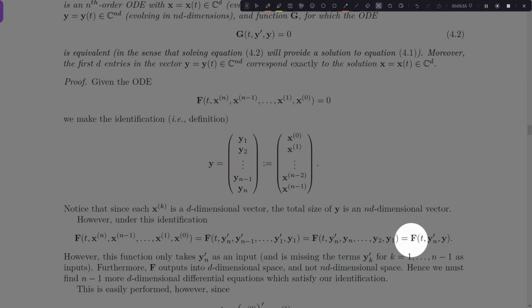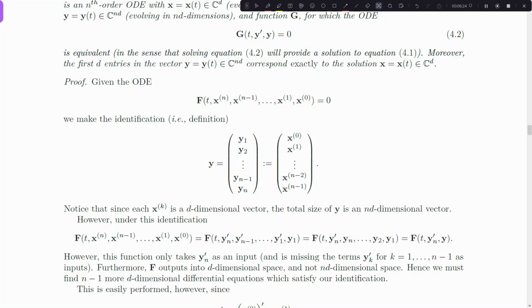So it turns out that this capital F is looking at the derivative only at the very last term, and then the rest of the terms, all of them together. And so there you can already see we've done half of our job. We've already reduced this function f from an nth order ODE to a first order ODE, where the order is first order, and it's only the very last component of y, and then we care about the rest of the entries in y.